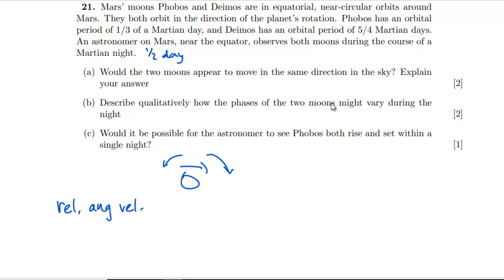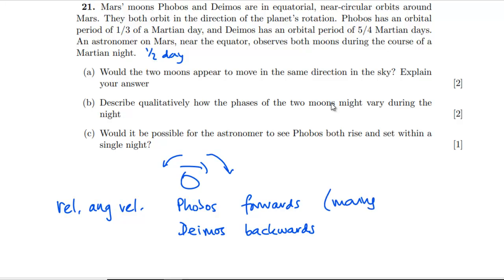We can say that Phobos will seem to go forwards, because it's going 3 times quicker, and Deimos is going to appear to go backwards, because Phobos is moving faster than the rotation speed, whereas the other one is moving slower than the rotation speed.